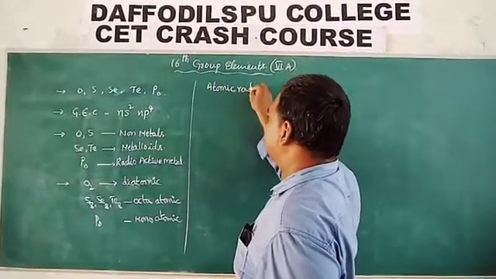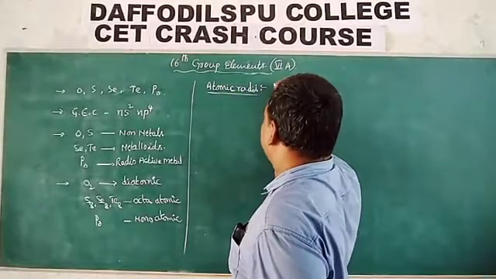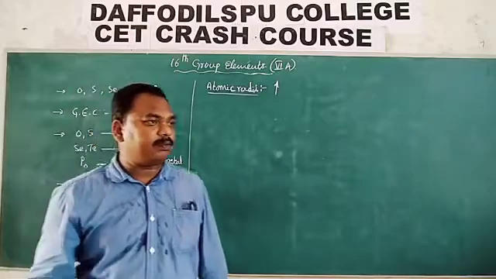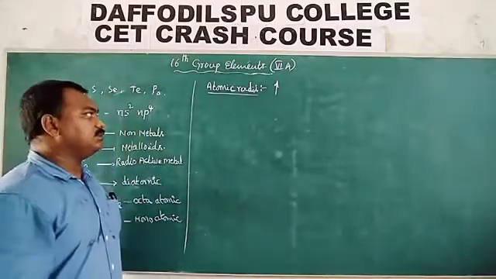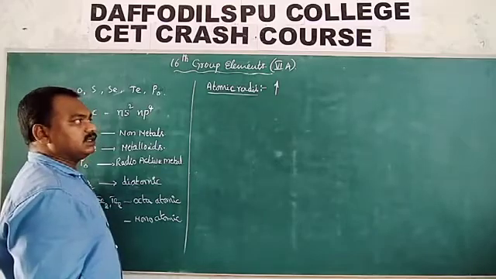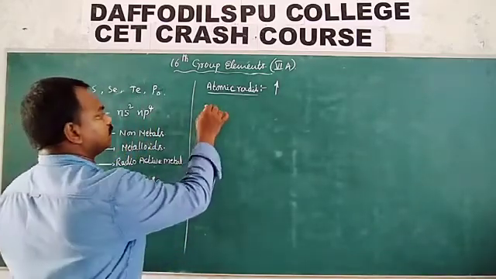Atomic radii increases from top to bottom. In every group, the same trend is observed. Atomic size increases from oxygen to polonium.